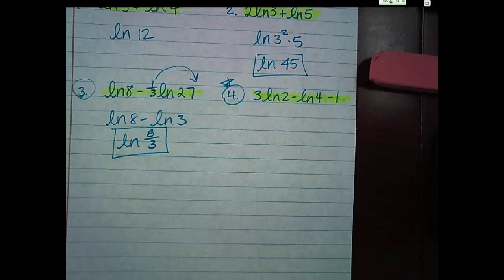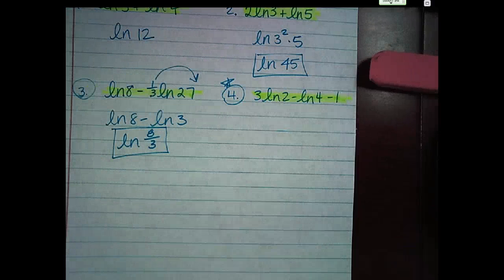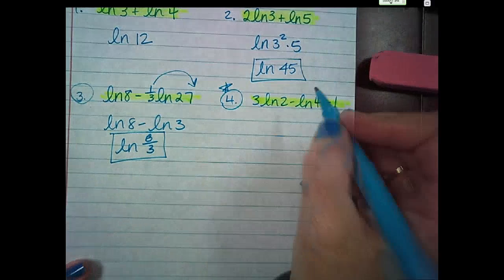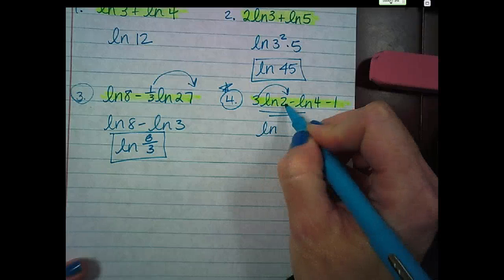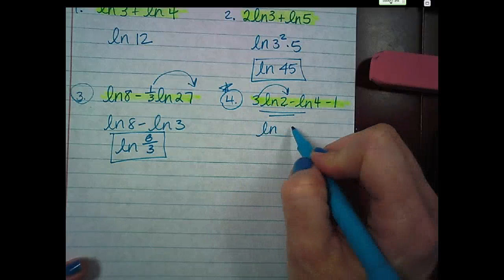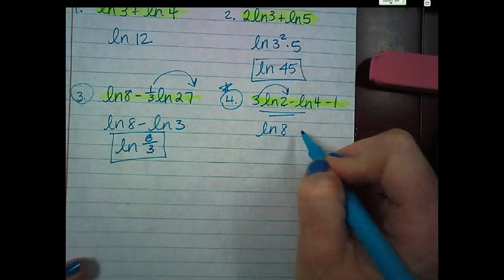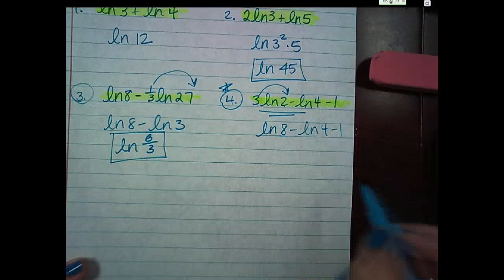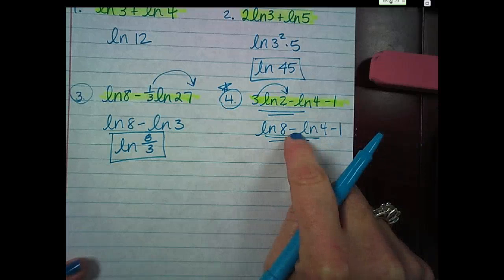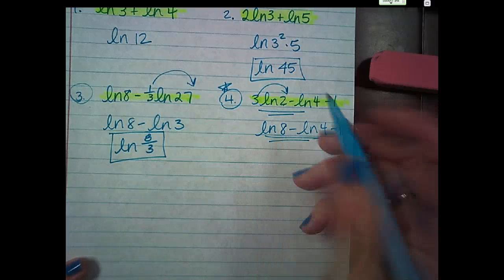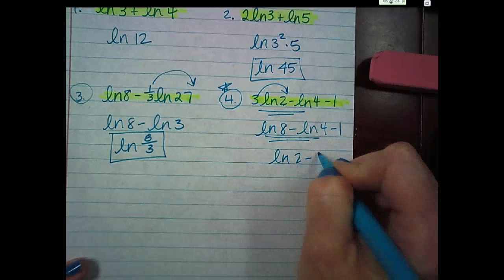So I need to change that 1 into something. Let's clean this part up first. This is the same as the natural log of 2 to the 3rd power, which is 8, minus the natural log of 4 minus 1. A minus is divide, so 8 divided by 4. This is the natural log of 2 minus 1.